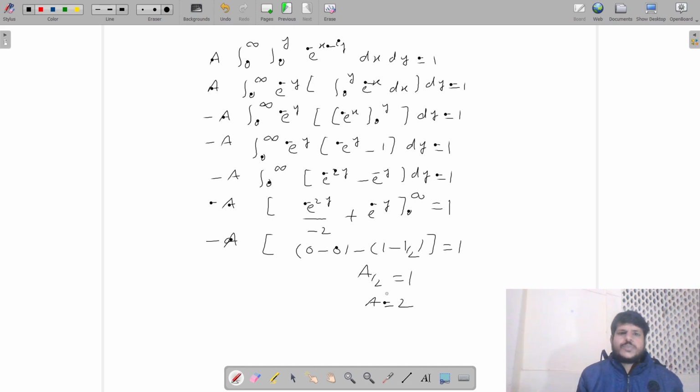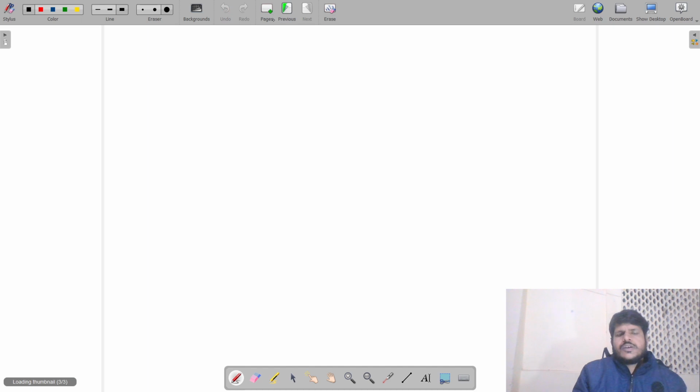Now we need to go to the second part. Now we have to find the marginal distribution function of x. So you have to write here f of x, integration dy of f of x comma y.